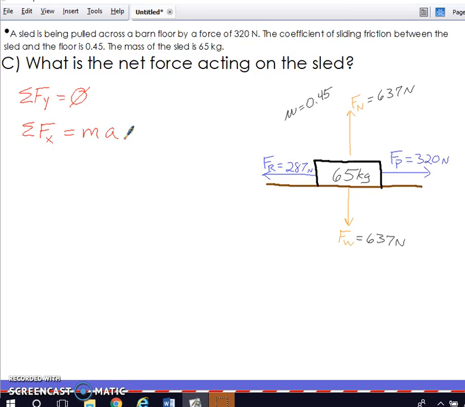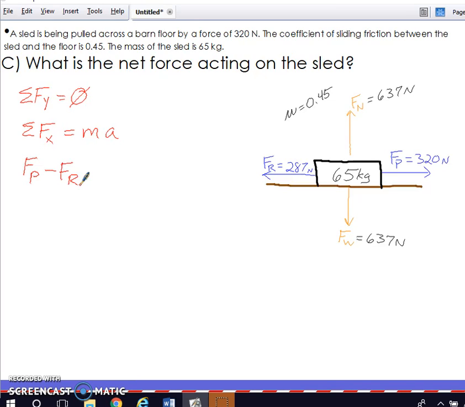Now, there's two ways I could solve for net force. I could either multiply these two and get a value, or I could just figure out this half of the equation, right, which would be Fp minus Fr. All right, that's what we're going to do here.